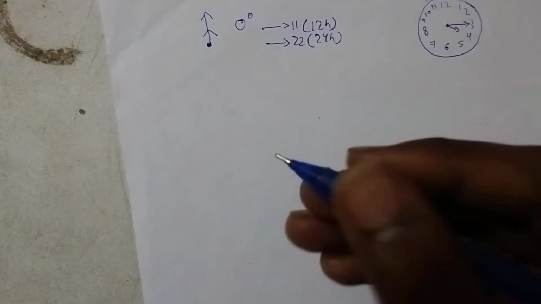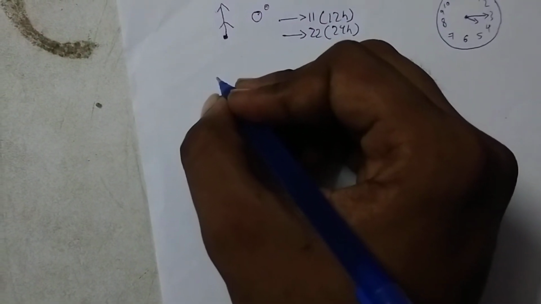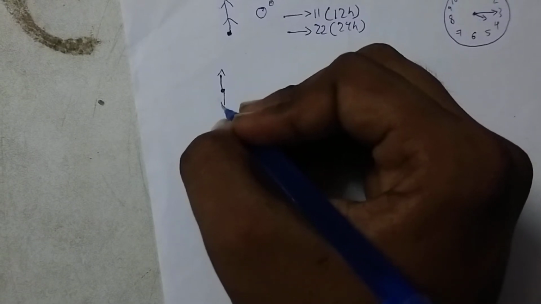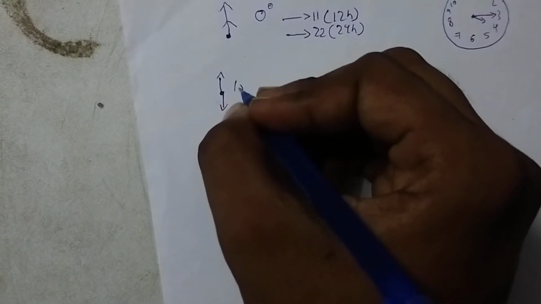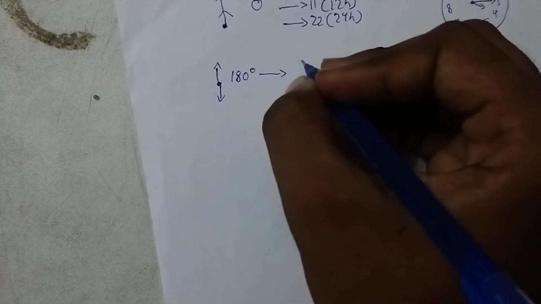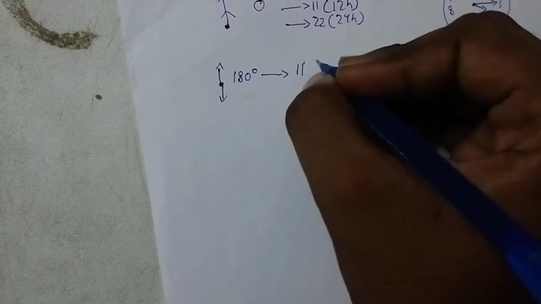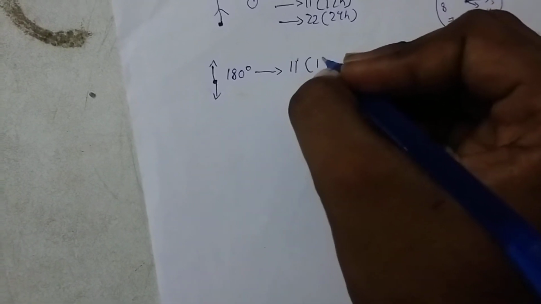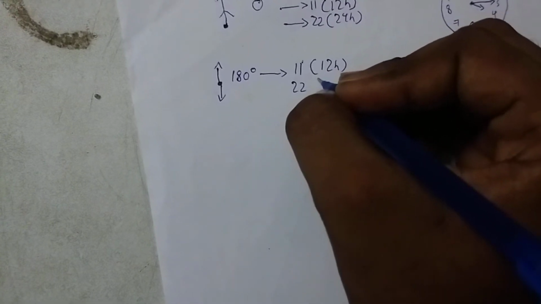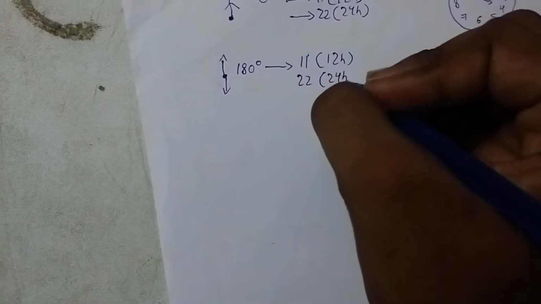When it comes to parallel, that means one hand is opposite to the other hand, the angle between them is 180 degrees. For every 12 hours it will also happen 11 times only, and for one day, that means 24 hours, 22 times.